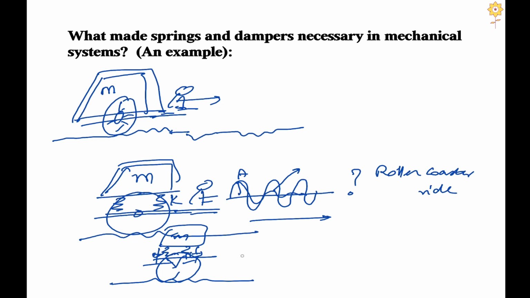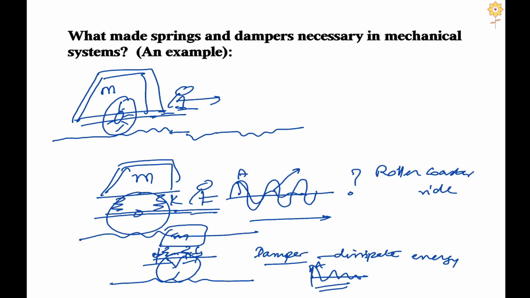So the damper was required to dissipate the energy in the form of heat to the surroundings, and thereby the effect of that was to reduce the amplitude from the initial cycle to a minimum one. So within 1 or 2 cycles we were expecting that the mass should be settling down.